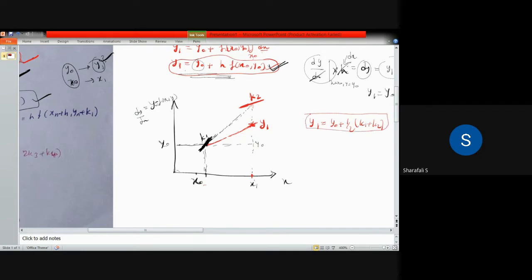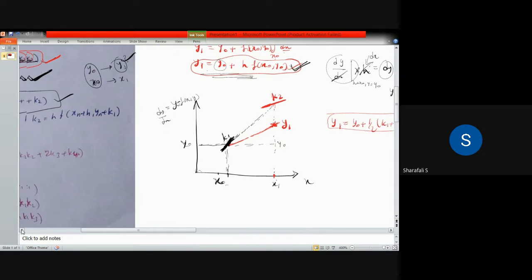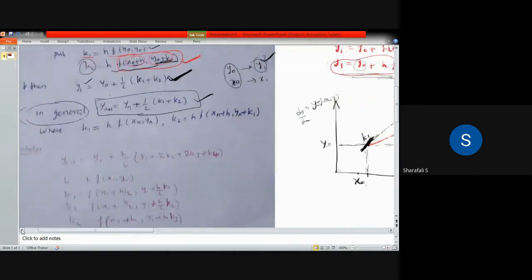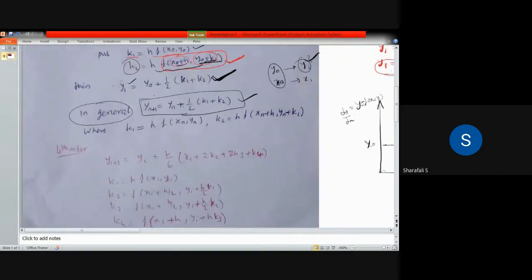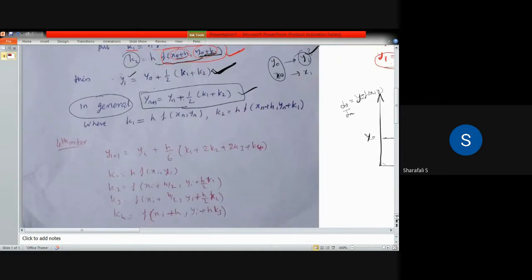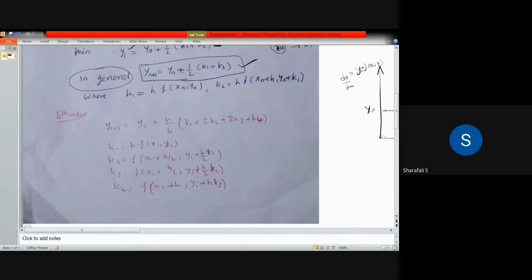Okay, so this is the second order Runge-Kutta method, and in the case of fourth order Runge-Kutta method, we have to consider this equation.